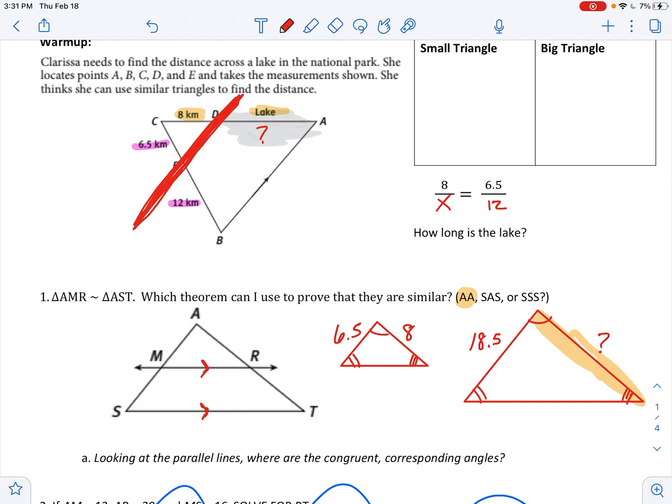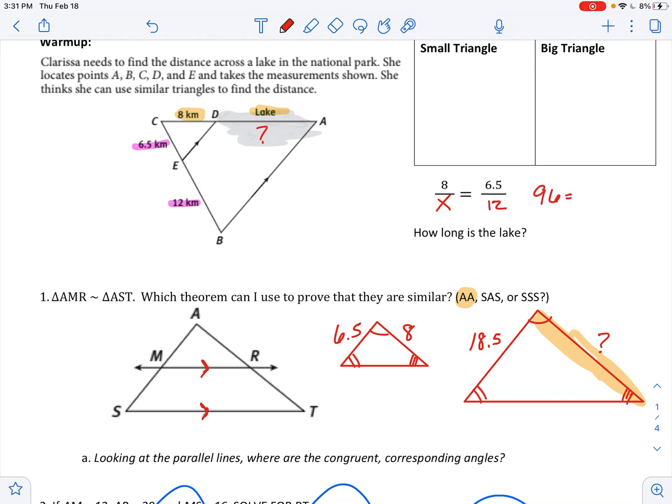A quick way that I always like to do when I'm doing these problems to remind myself which way to divide, whether it's an angle bisector or a parallel line, I kind of bold it or shade it in or highlight it, and it almost looks like a division bar where you can see 6.5 is being divided by 12 and 8 is being divided by the lake. So 6.5 over 12, 8 divided by the lake, and then cross multiply and solve.